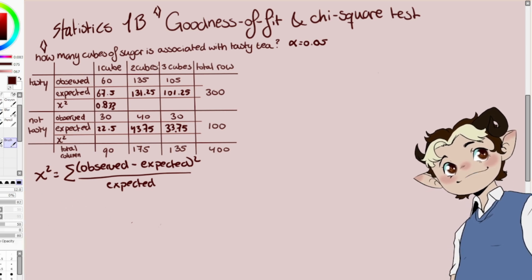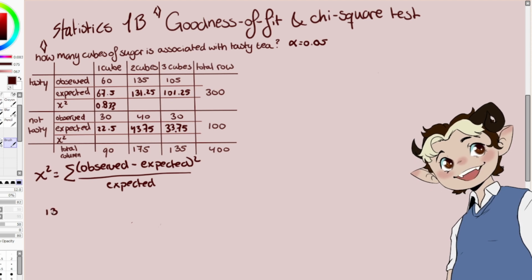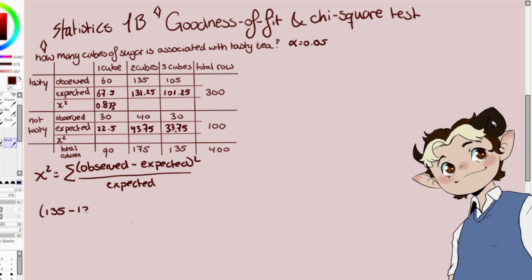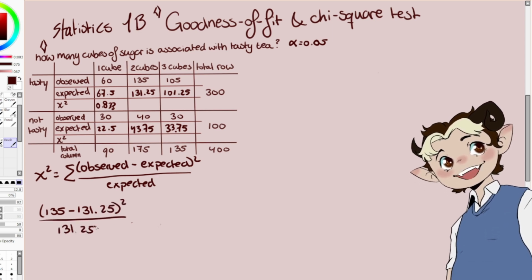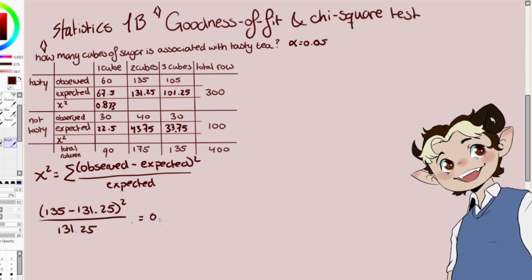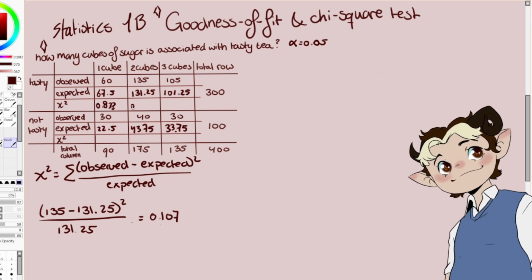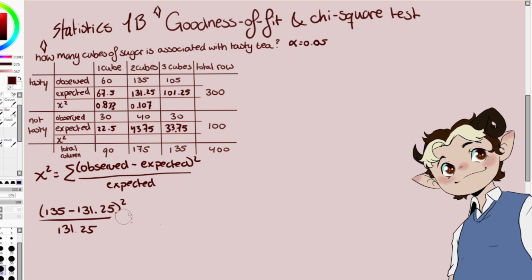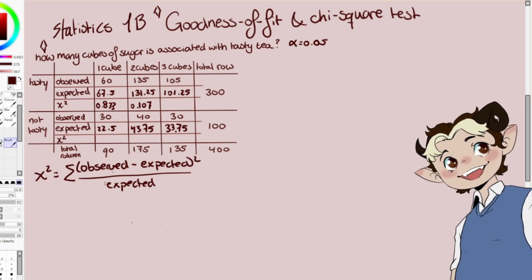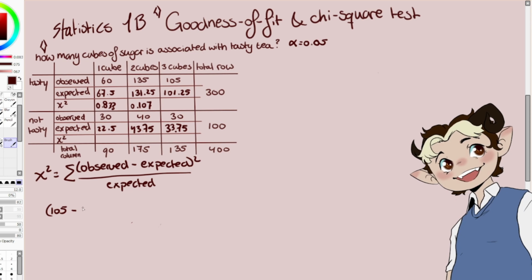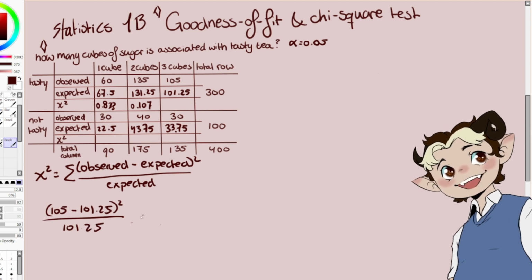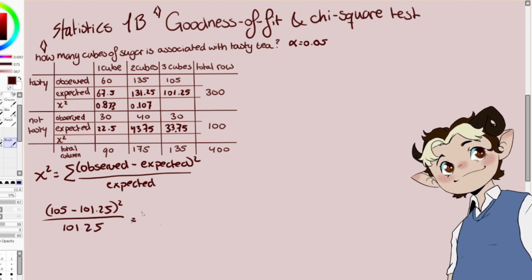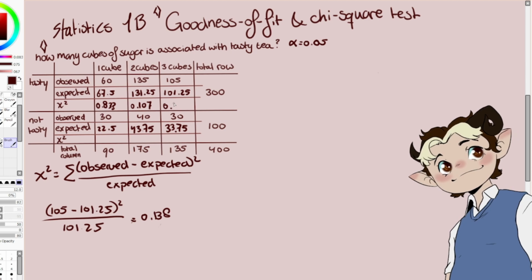Let's go to the next one, which is 135 minus 131.25, squared, divided by 131.25, which is 0.107. The next one is 105 minus 101.25, squared, divided by 101.25, which is 1.138.